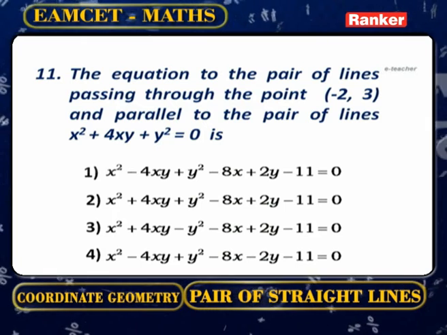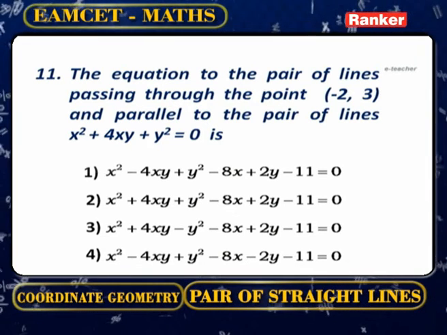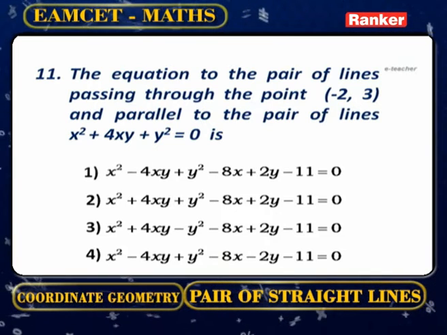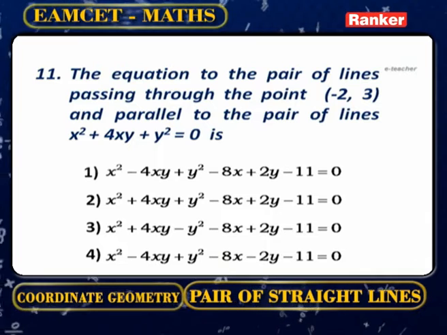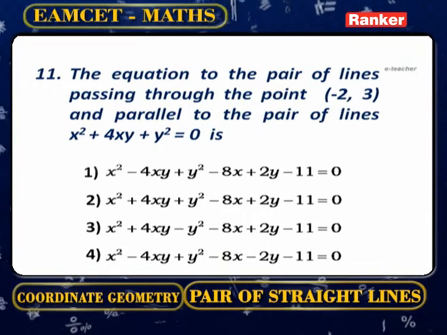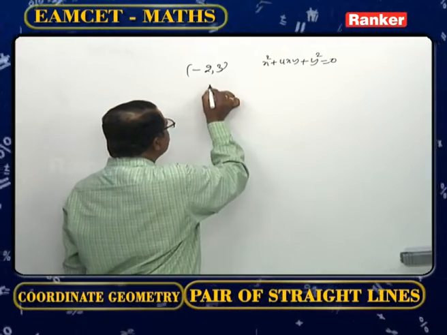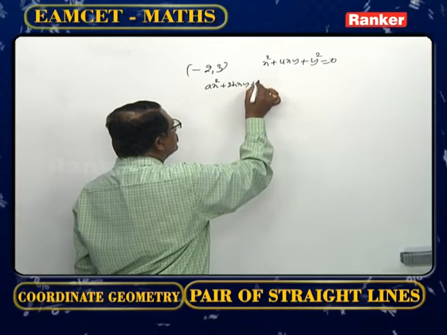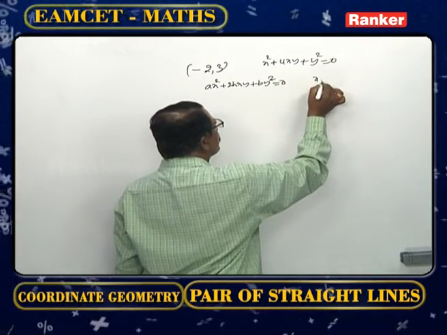The equation of the pair of lines passing through the point (minus 2, 3) and parallel to the pair of lines x squared plus 4xy plus y squared equals 0. Suppose the pair of lines has equation ax squared plus 2hxy plus by squared equals 0.